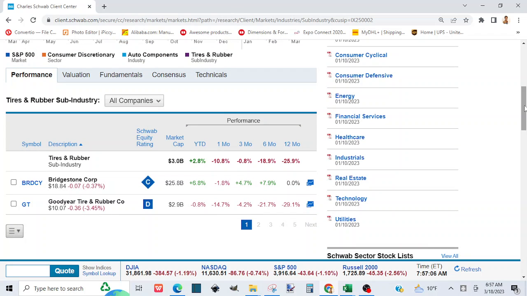So now that we are in the sub-industry category, you'll now find the companies, and this one has two companies. And we are trying to locate stocks that pay dividend so that we can invest in those. So with Charles Schwab, it is now automatically going to give you data based on dividends.